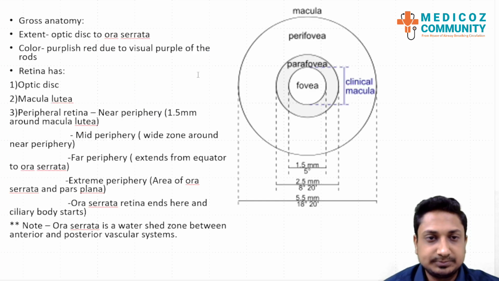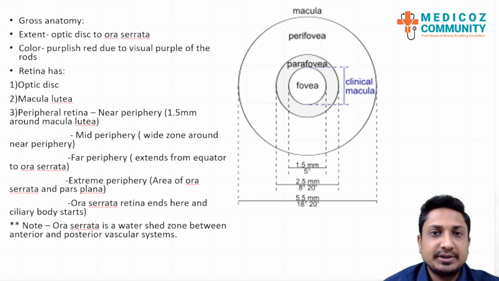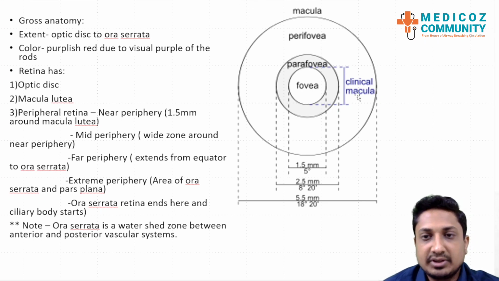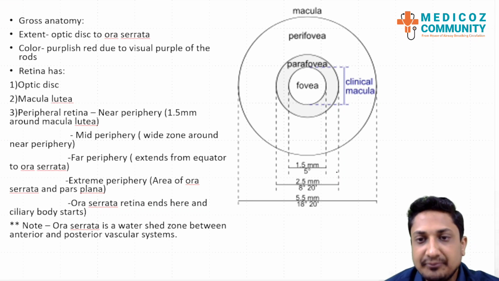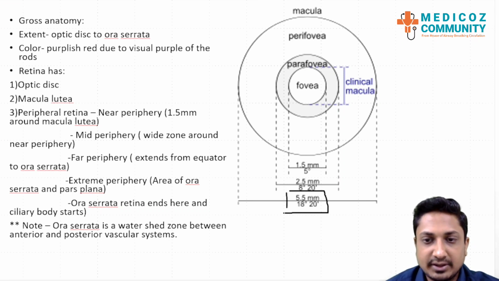Let us see how. As you all know, the color of retina is purplish red due to visual purple of the rods. Retina is divided into optic disc, macula lutea and peripheral retina. Now let's see the macula. It is grossly 5.5 mm in length.